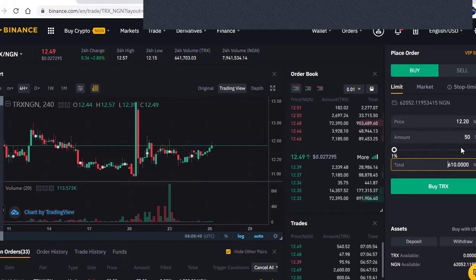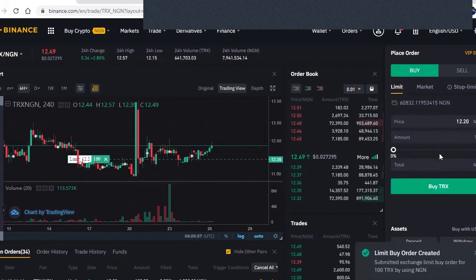In this regard, I want to buy 100, and I can click buy. You can see that the limit buy order is created.